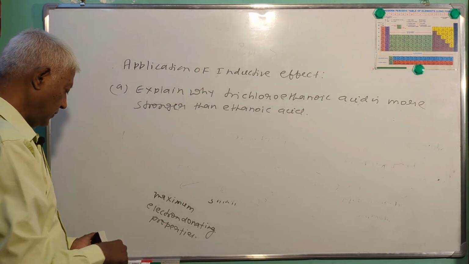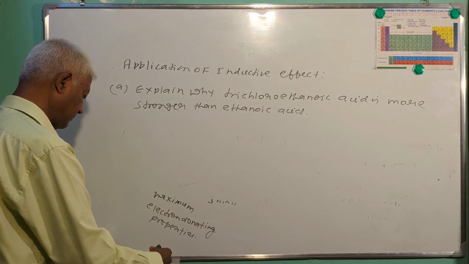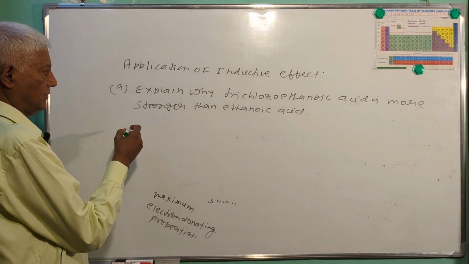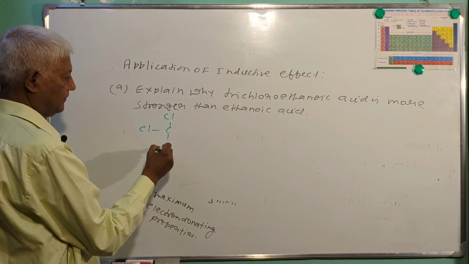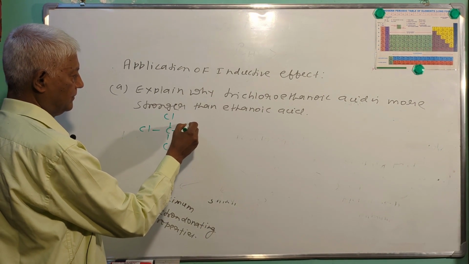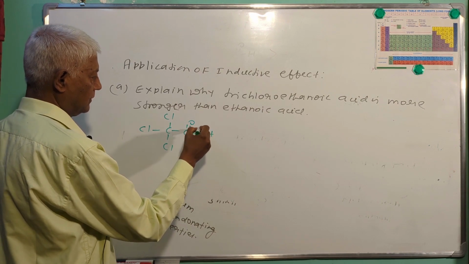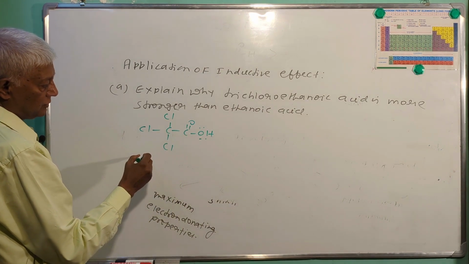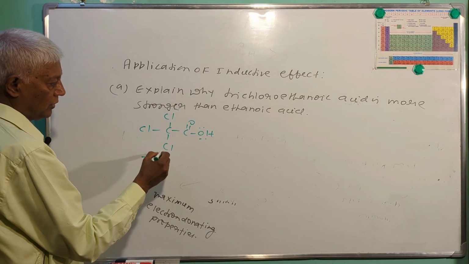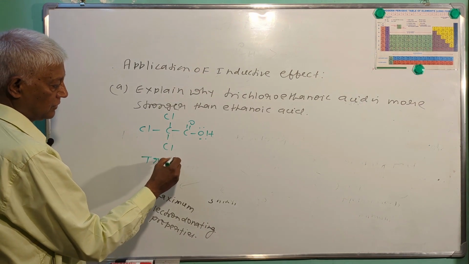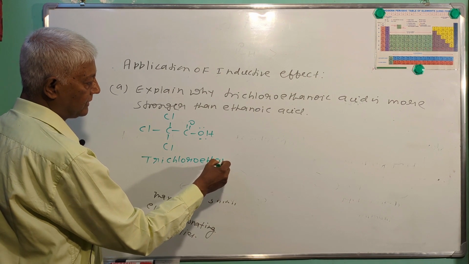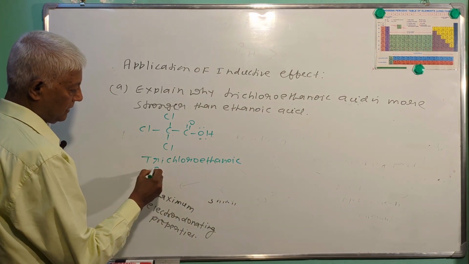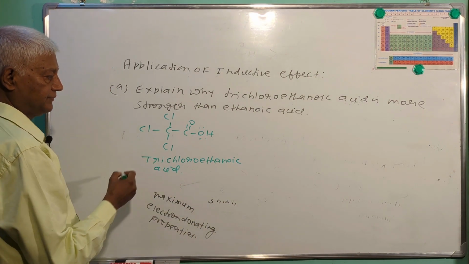Suppose we write CCl3 COOH. That is known as trichloroethanoic acid, with three chlorine atoms.